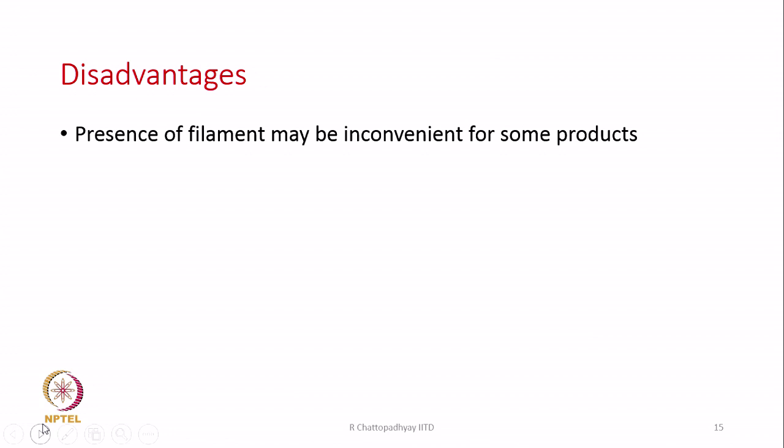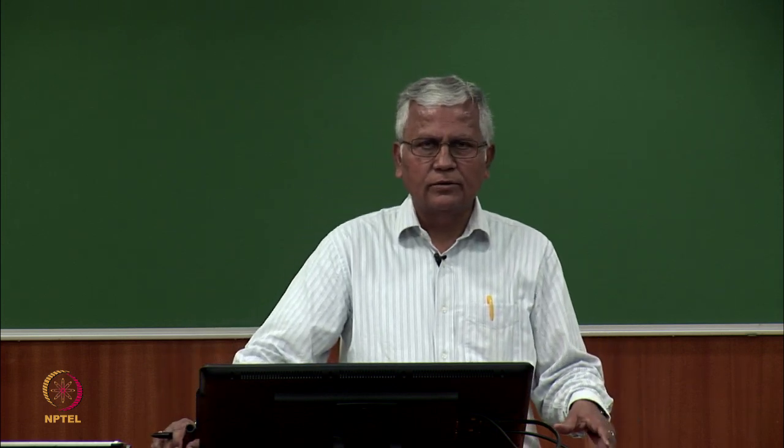If I want 100% cotton yarn, then we cannot have a filament of polyester or viscose rayon or something. In some products it may not suit because the filament, whatever we choose, may not be adding value to the quality of the product. It may happen sometimes.